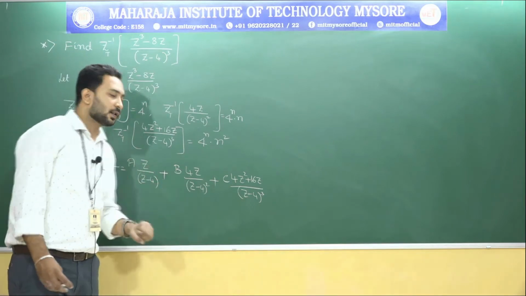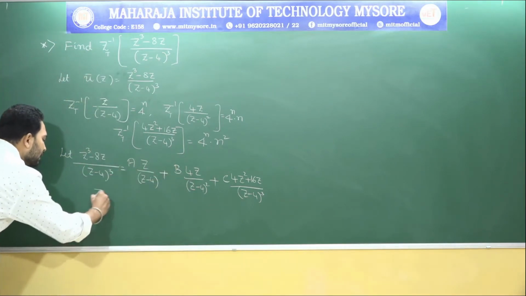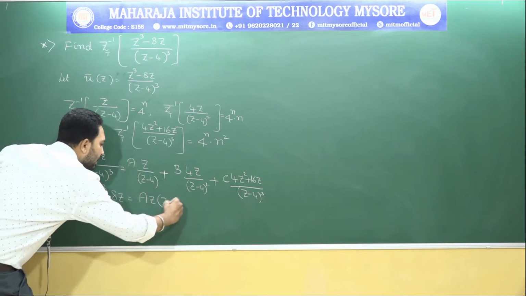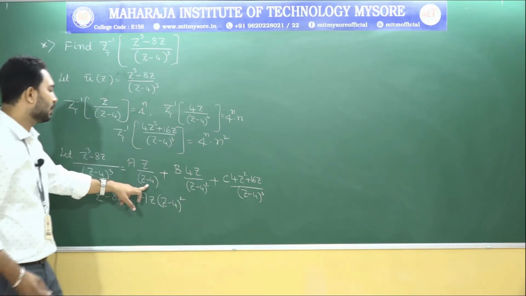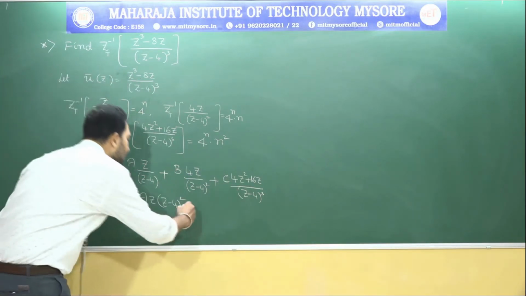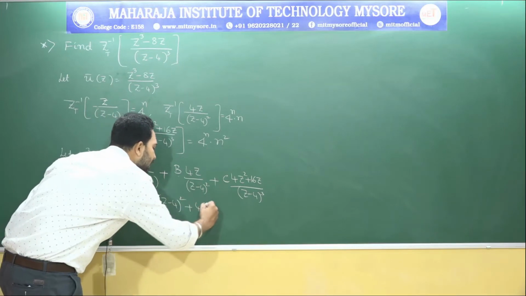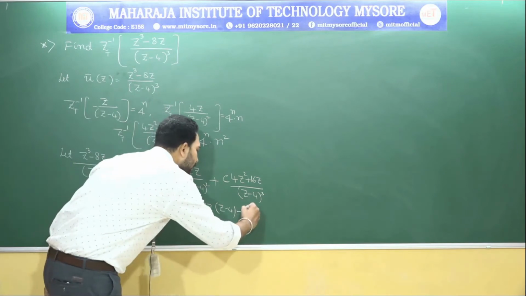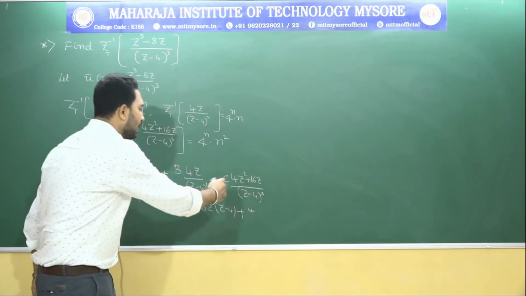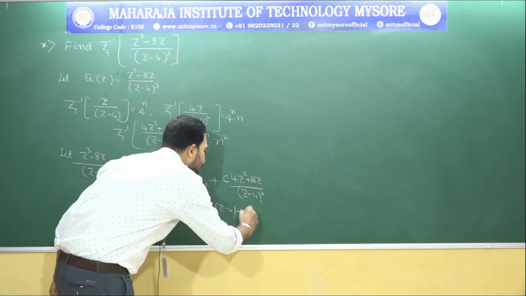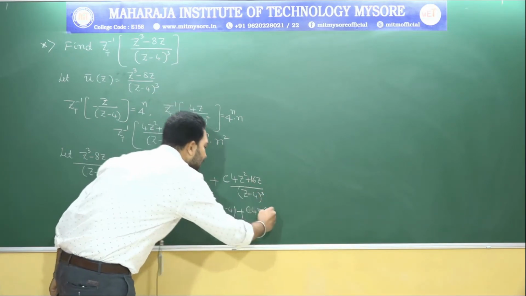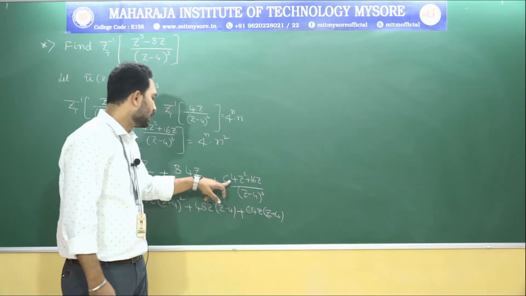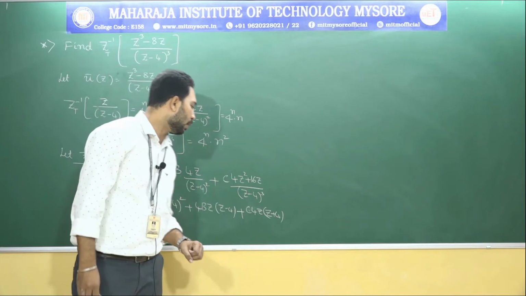Next, taking LCM and cancelling, we get z cube minus 8z equals a into z into (z minus 4) whole square, plus 4bz into (z minus 4), plus c into 4z common, that is (z plus 4). So we can take 4cz common.